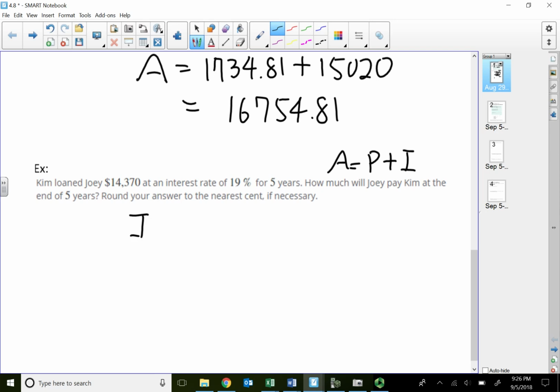So once again, we need to find our interest. So we take our principal, $14,370 times the interest rate, 0.19, times the time. This 5 is already in terms of years, so we can just say 5 years.